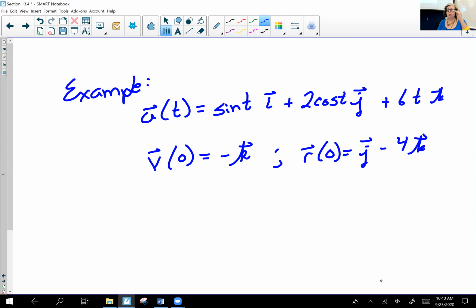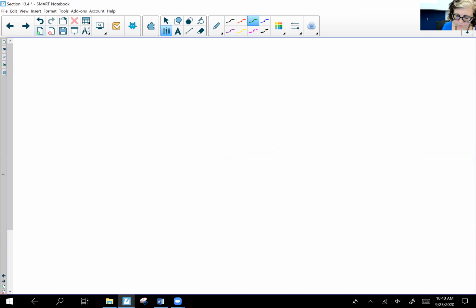Okay, if we start with position, and I want to go to velocity, I need to take a derivative. To go from velocity to acceleration, I need to take a derivative again.